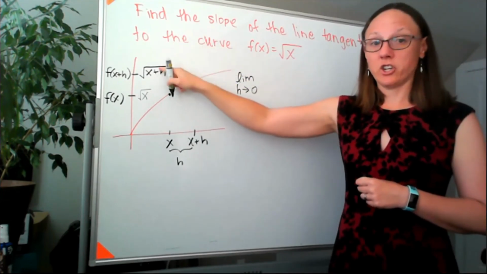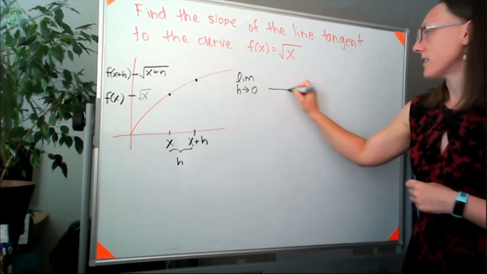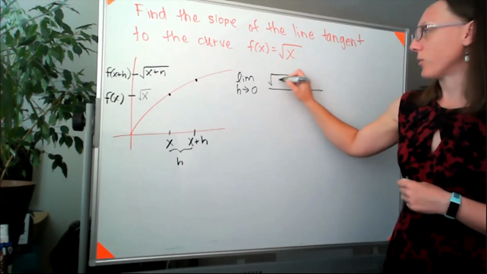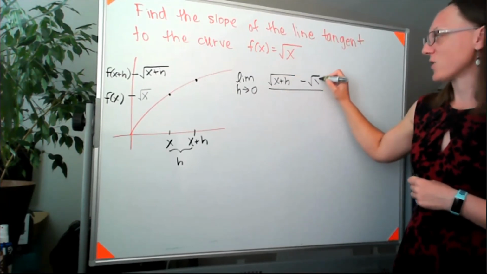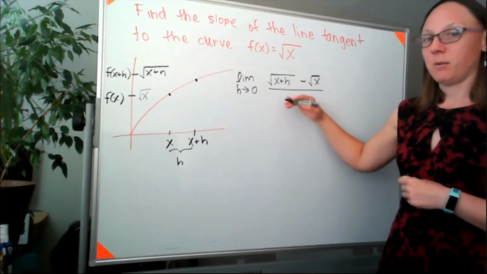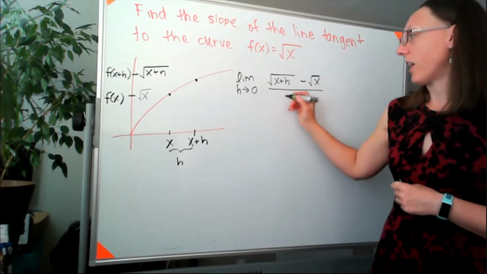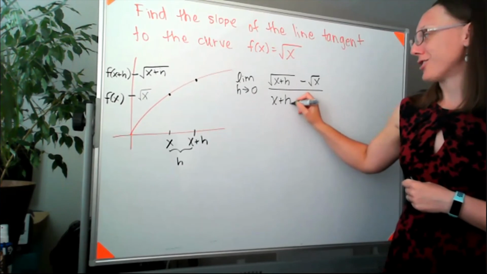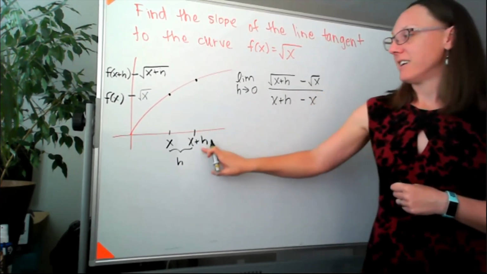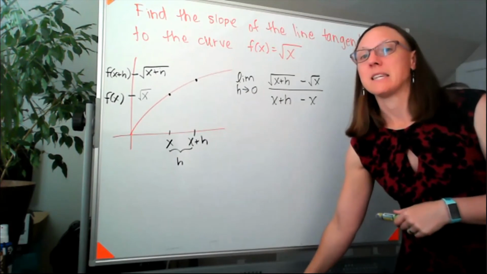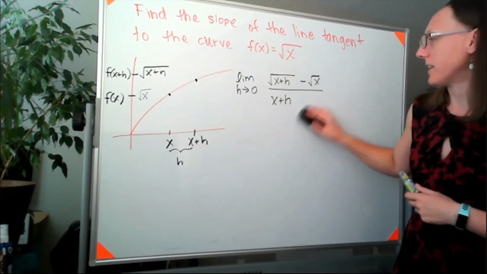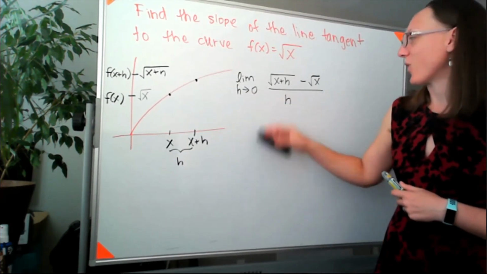Still going to do a change in y over a change in x. So I'd have the square root of x plus h minus the square root of x. My denominator would look like x plus h minus x, because again, I'm looking at that change in x. And because this happens every time, that minus x and that plus x cancel out.